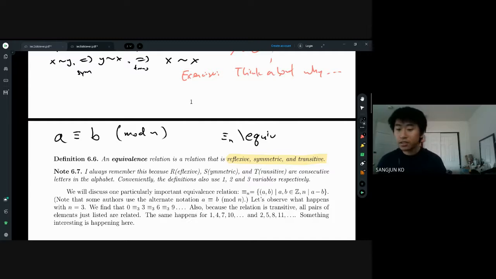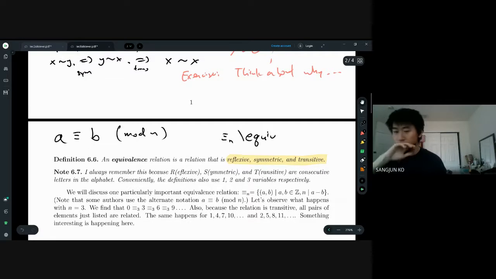And transitivity is also true because if n divides a minus b and n divides b minus c, then a minus b plus b minus c is divisible by n. You can write this out formally, but I'm just going to give you a very short argument. For the sake of example, let's look at n equals 3. Then 0 is congruent to 3, is congruent to 6, is congruent to 9, etc.